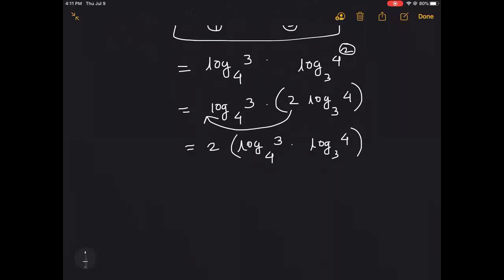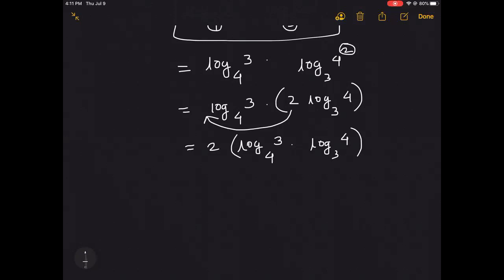Now, can you see any relation between these two logarithms? Can you see anything I can do? You actually know a property for this. Any relation, any symmetry or asymmetry, any relation which is catching your eyes?